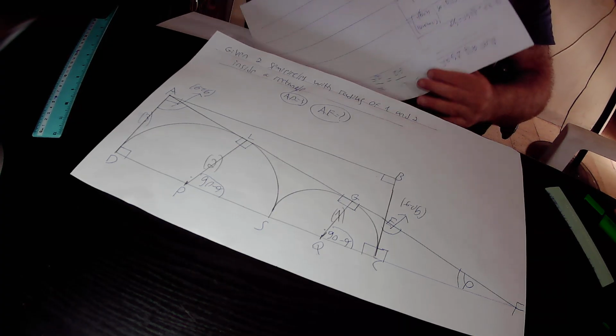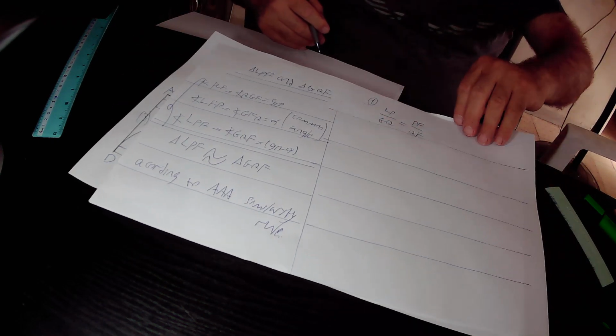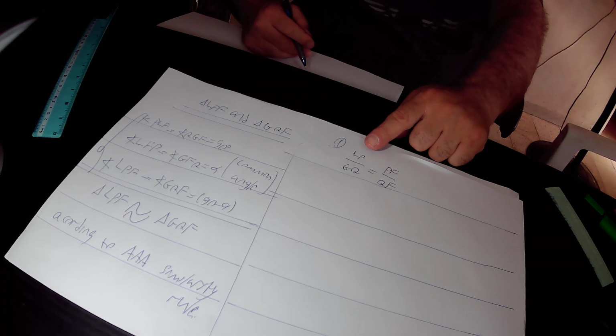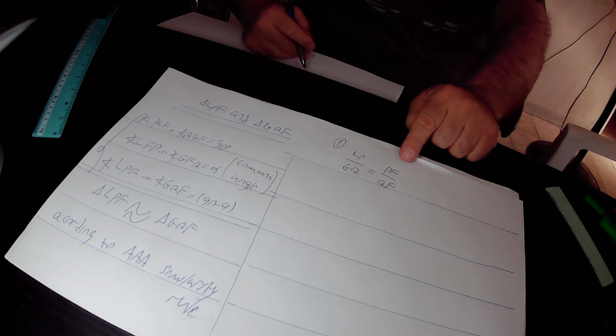So again, we derive that side LF in the big triangle over side GQ in the small triangle equals side PF in the big triangle over side QF in the small triangle.